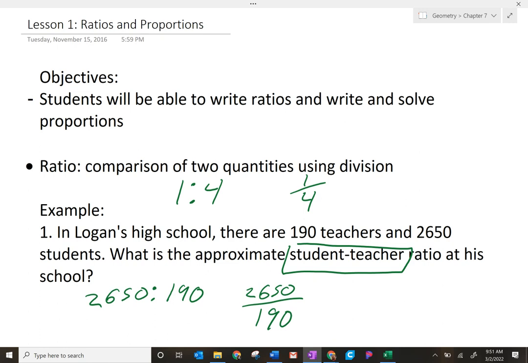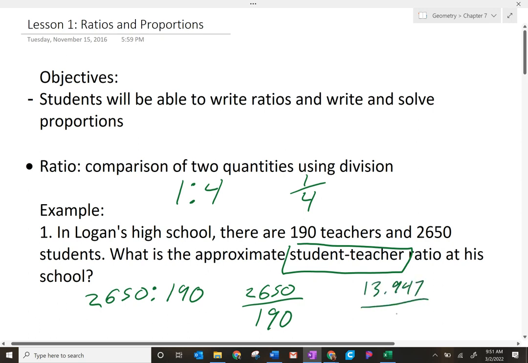That many students divided by that many teachers. When I go through, it's going to give me a decimal, 13.947 over 1.